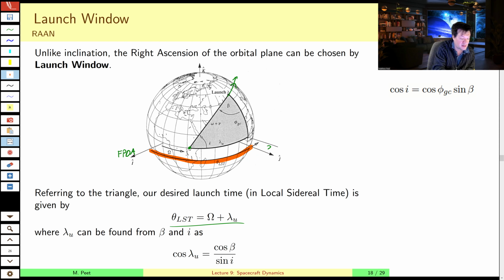The local sidereal time, if you recall from lecture 7, is defined in terms of the angle from the first point of Aries to your local longitude line. And so if we're looking at this angle, we want to figure out the desired angle as measured from the first point of Aries to here.